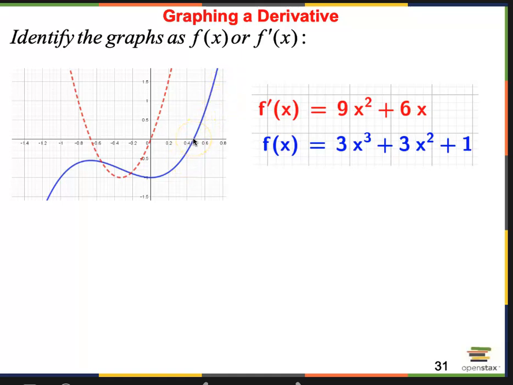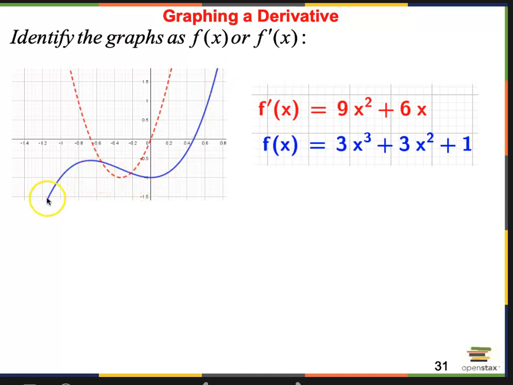And what's interesting, if you notice what our function is doing, as our original function is increasing, then we get to a point where it's no longer increasing and it starts to decrease. Then we get to the point where it's no longer decreasing and it's going up.